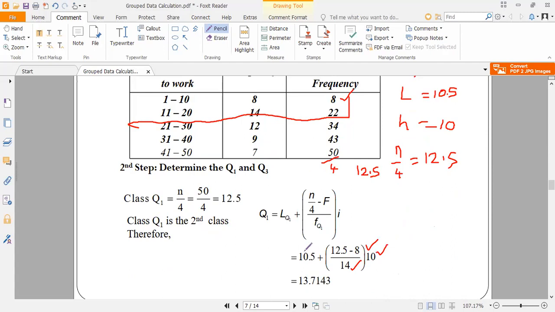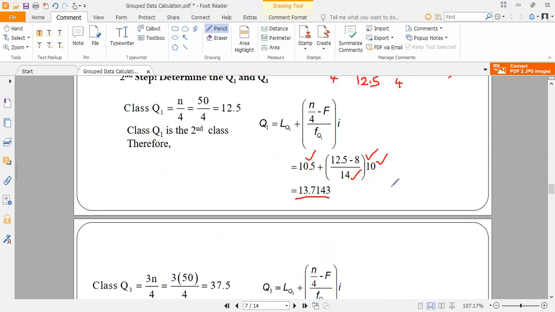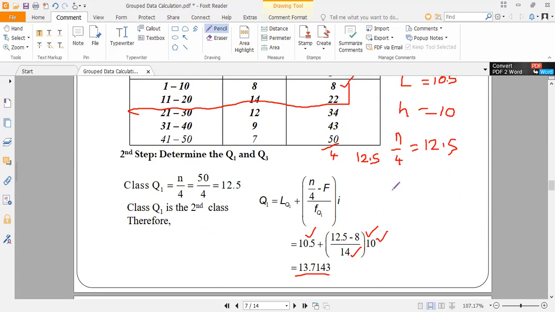Our height is 10, then the lower bound is 10.5. So when you calculate, you find our Q1, which is what?